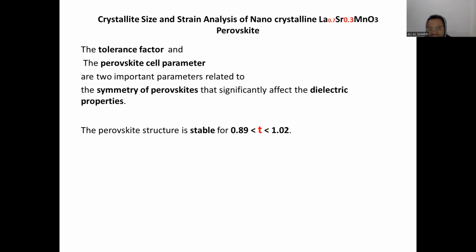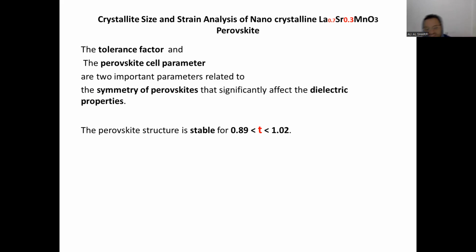Yes, we can say symmetry. It's a meaningful word that significantly affects the dielectric properties, a huge effect on the dielectric properties.